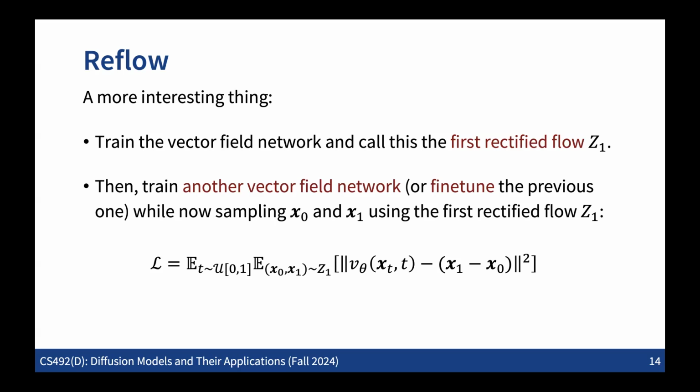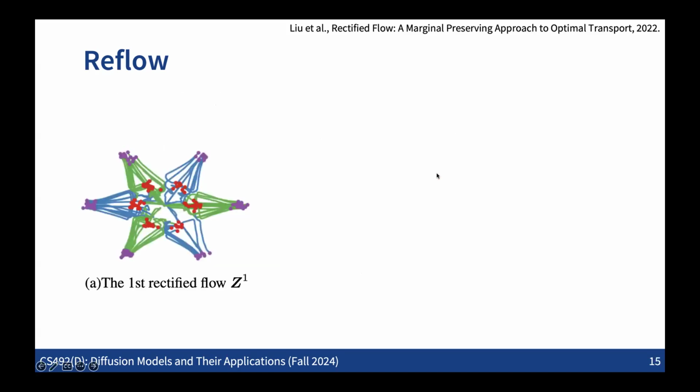So we train the flow-based model once, and use that information to train another flow-based model again. This is a technique called reflow. If we train the flow matching model again, what we get is this: this is the output of the first flow-based model.